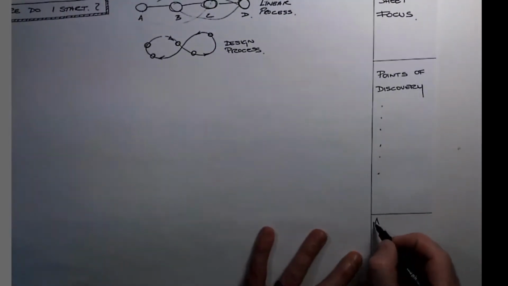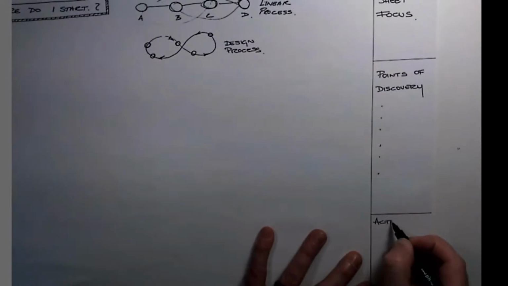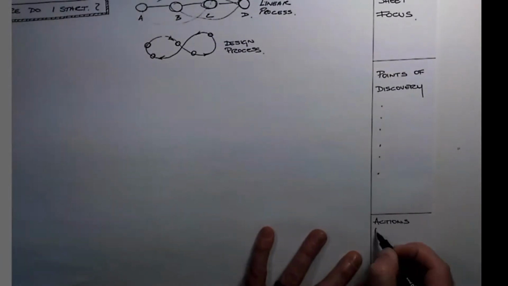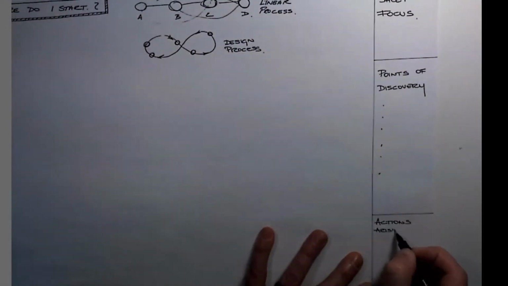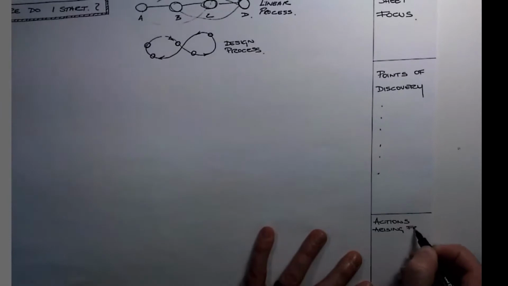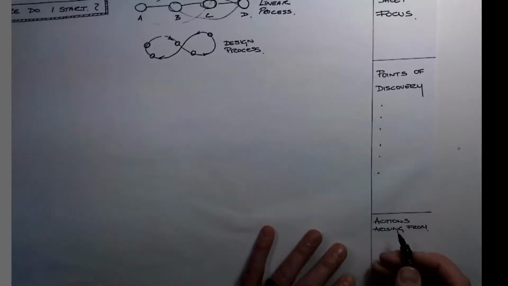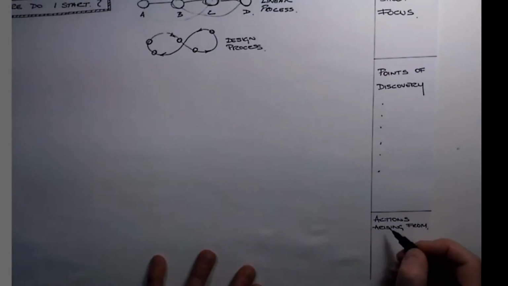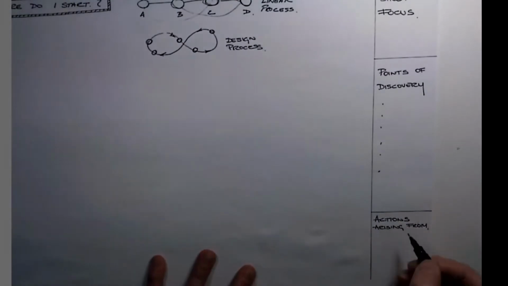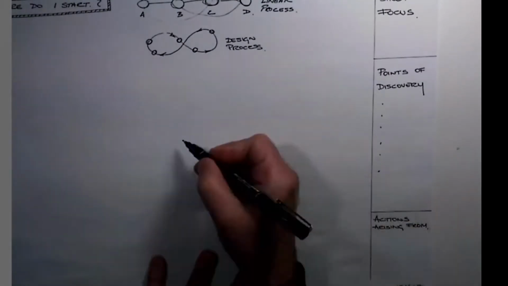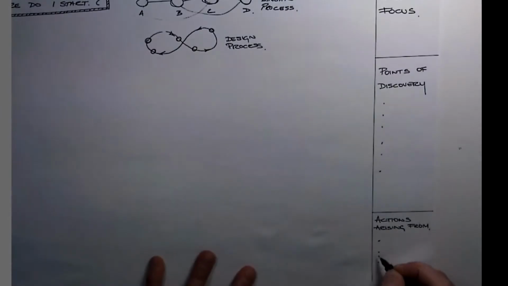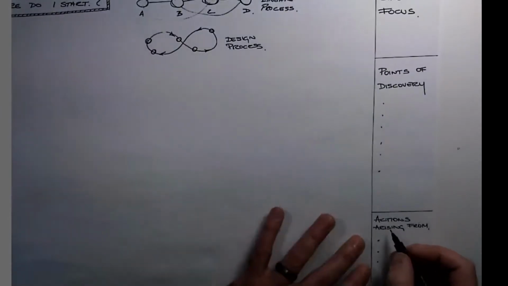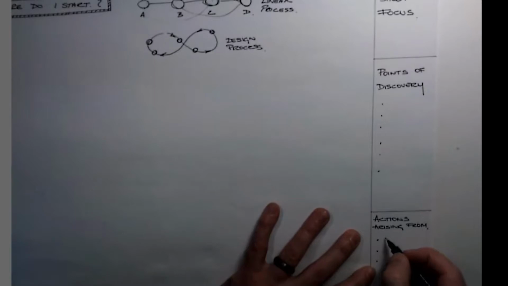This one is actions arising from. So in other words, based on the sheet you're doing, your reflection that we asked you to do. This is the same principle. You can actually reflect on what you've just sketched and then put in 2, 3, might even be 1 point of, right, I need to look at, let's say, technical.